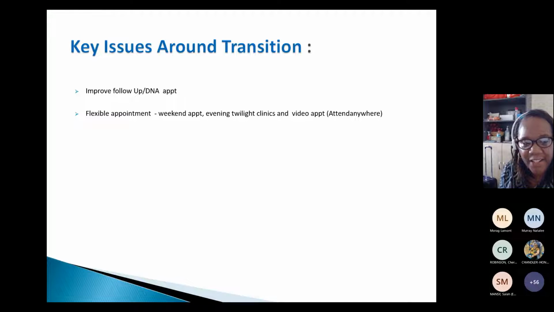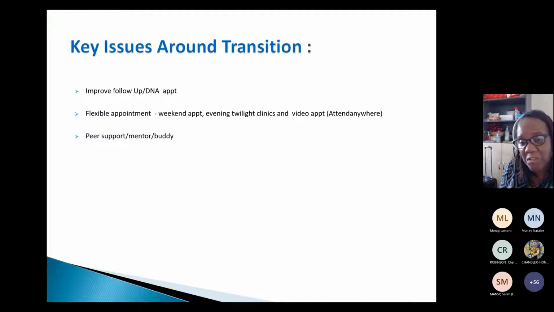Again, looking at flexibility in terms of appointments, maybe weekend appointments, twilight clinics, which would be in the evening, and obviously video Attend Anywhere. That would be good because young patients would be able to attend if it's Attend Anywhere.